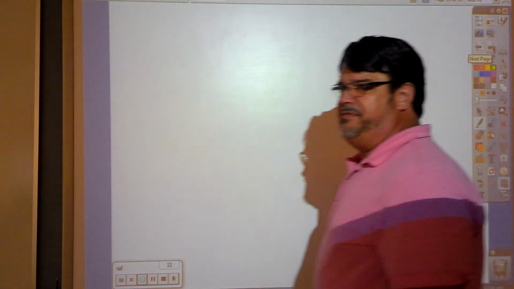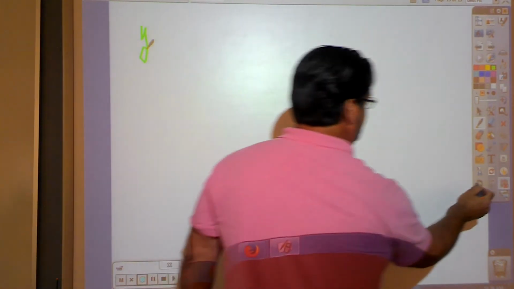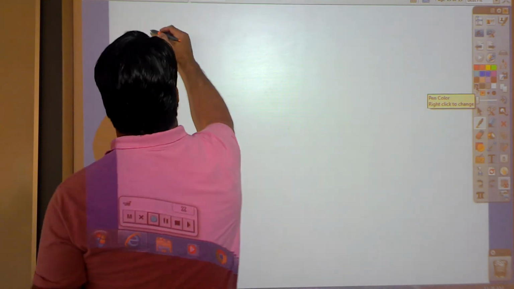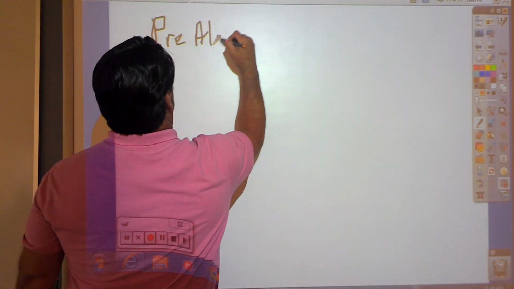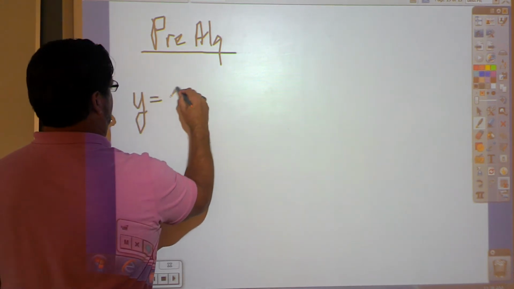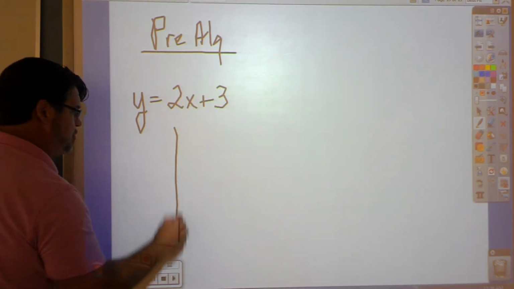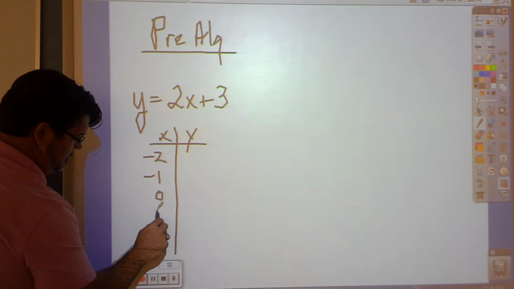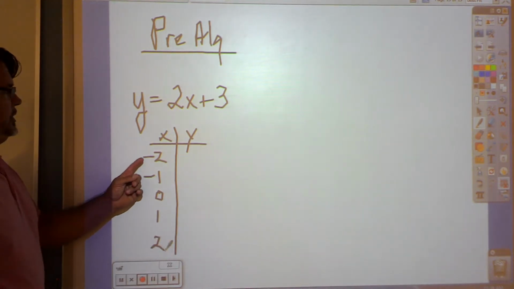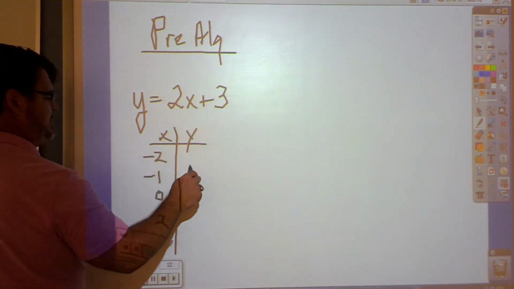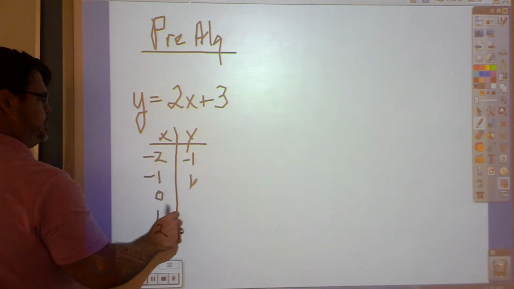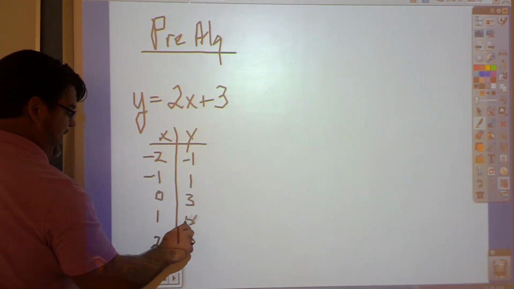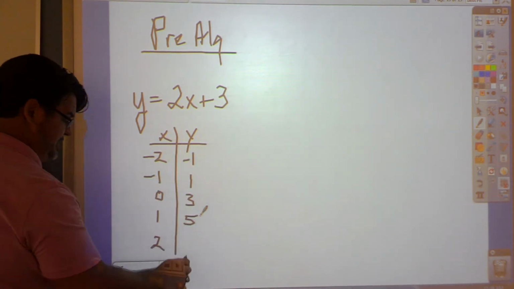In pre-algebra, you were given y is equal to 2x plus 3, and you were told to do this, and you went through, and -2 times 2 is -4, plus 3 is -1, -1 plus 3 is 1, 0 plus 3 is 3, and 1 plus 3 is 5, and 2 plus 3 is 7.